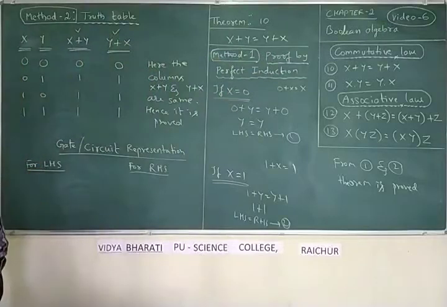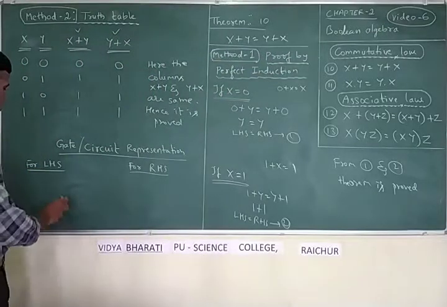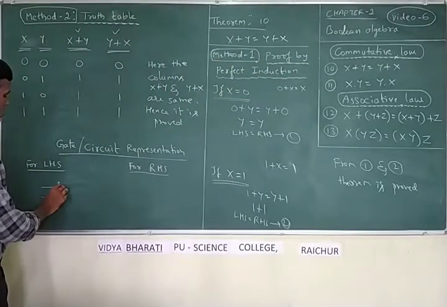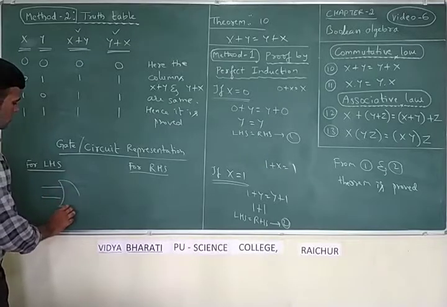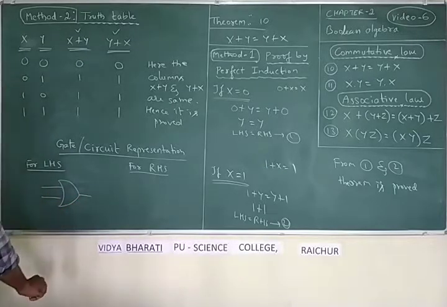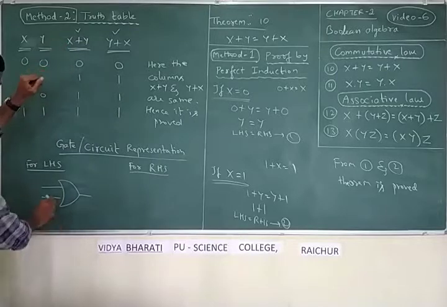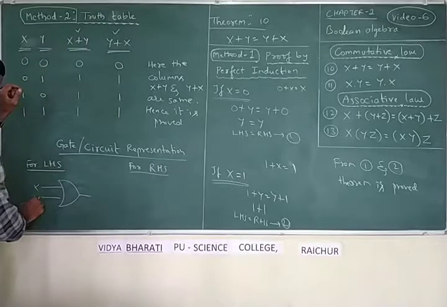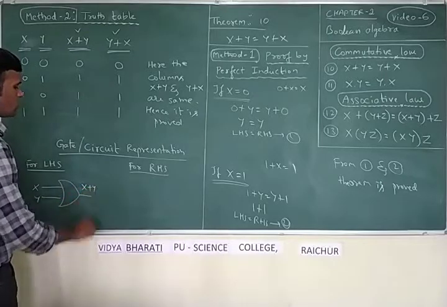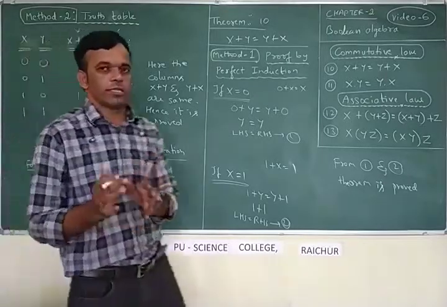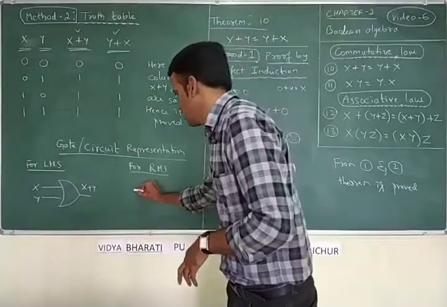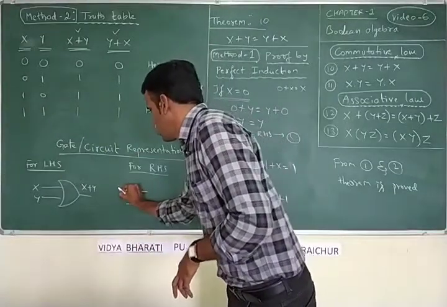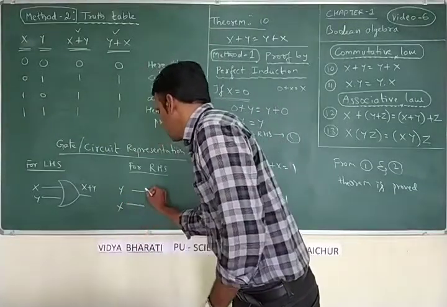Then the gate representation for this statement x plus y equals to y plus x for LHS. So for LHS, plus means it's an OR operation, showing two inputs for an OR gate. So first say x plus y, the first signal is identified as x, the other one as y, so it is x plus y. If you change the signals, so first if you take the signal y, then x to the OR gate.